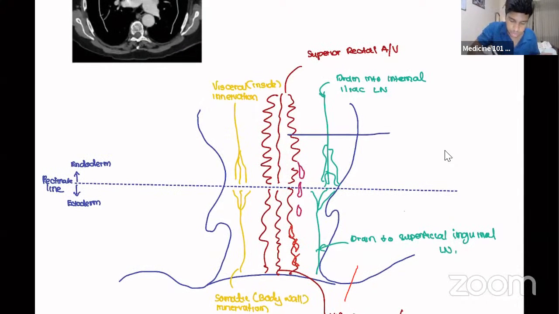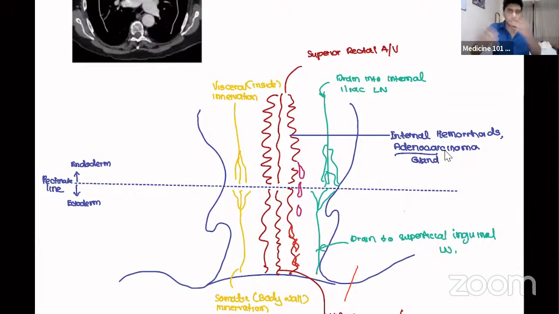This will lead to internal hemorrhoids. This region is also the location of a type of tumor called adenocarcinoma. Adeno means gland. Carcinoma is a malignant tumor, a cancer. So these are cancers that originate from glands.